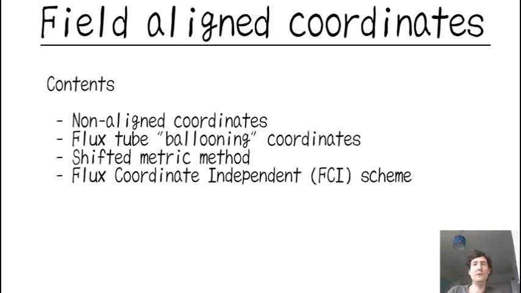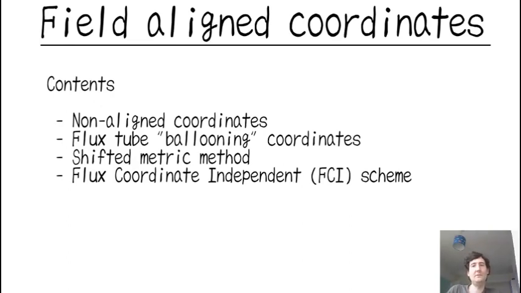Then I'll go through in approximate chronological order the different methods which have been developed and used. There's the simple flux tube scheme, which is often used in, for example, gyrokinetic and fluid flux tube codes. These are often called ballooning coordinates, a slight variation depending on how they're closed in the poloidal direction.